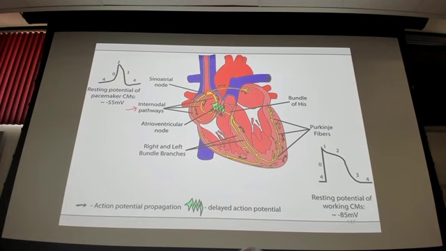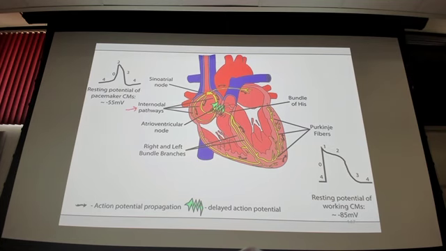Okay, so we have that fibrous skeleton as an insulator, but once it gets through there, it's game on, down through the bundle branches, and then up through the Purkinje fibers. And we have ventricular squeeze. All right? If you understand that, that's the remainder of today. Does that make sense? Because we're going to talk about every one of those steps individually. But does that make sense?